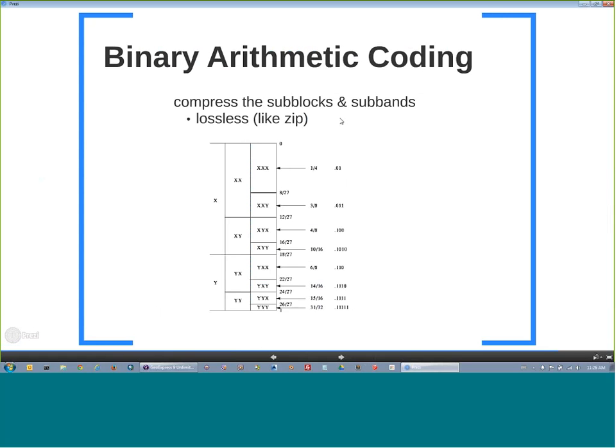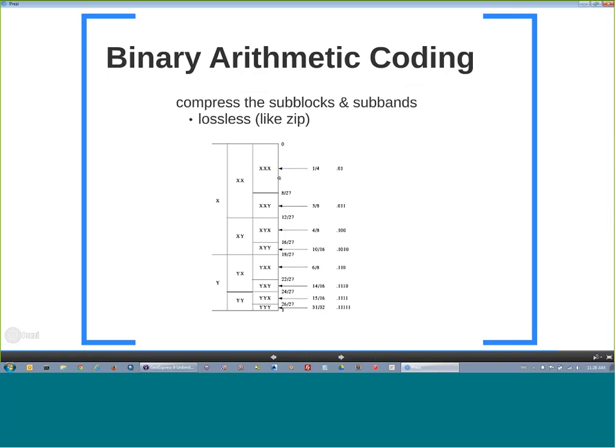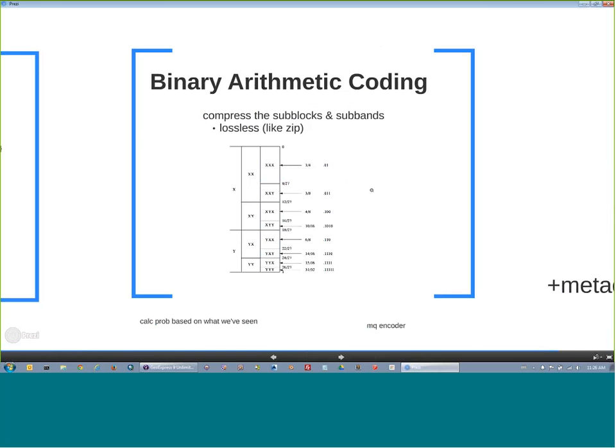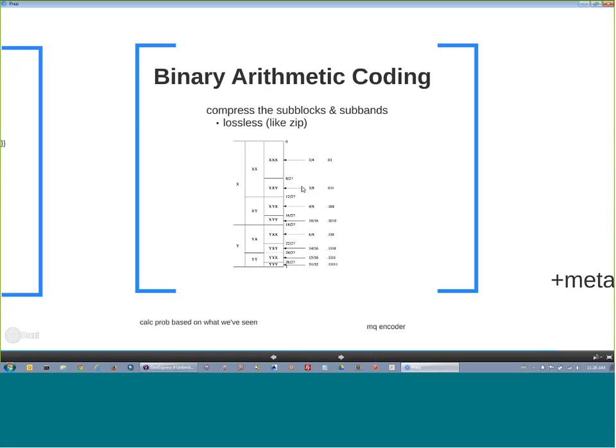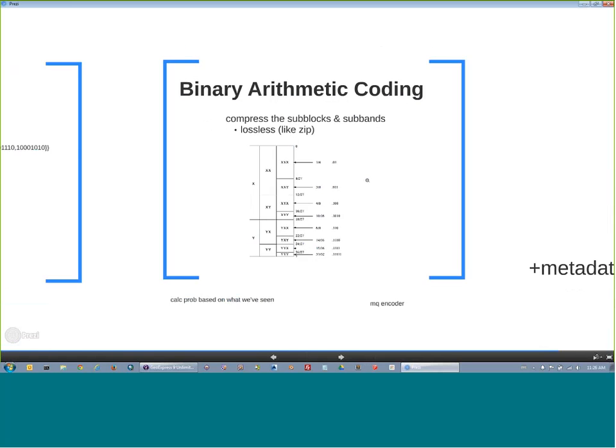So we're going to take all those zeros and ones, and we're going to represent them with a smaller amount of zeros and ones. If we can represent a whole string of numbers, let's say, 10 numbers represented by just two bits, that's what binary arithmetic coding does for us. It's not so extreme as that unless you have a large amount of data, and usually with image data you do. You can get a nice compression here on those subblocks and subbands.